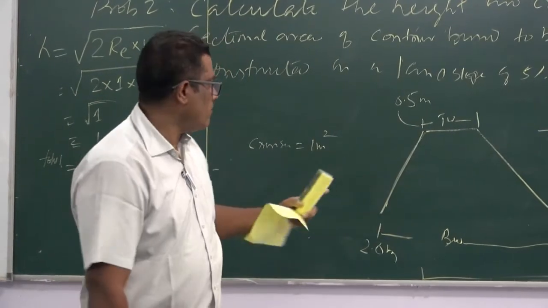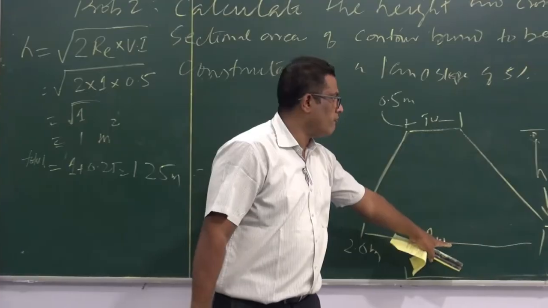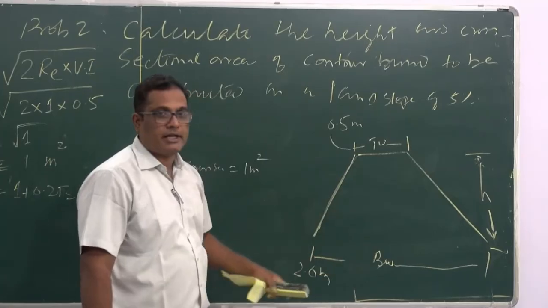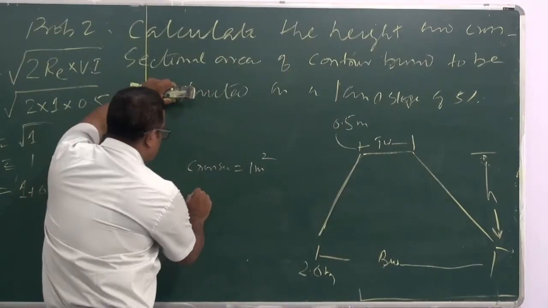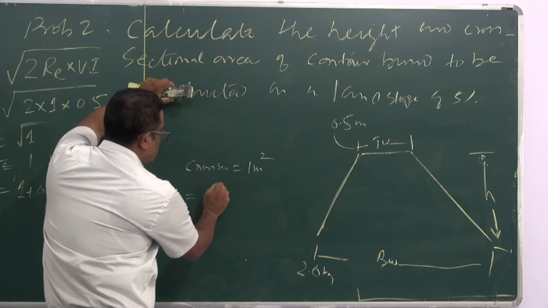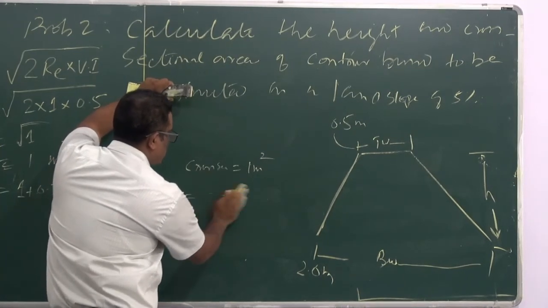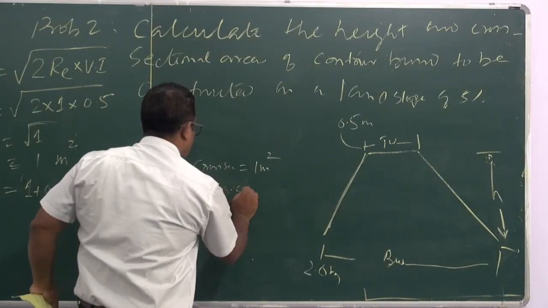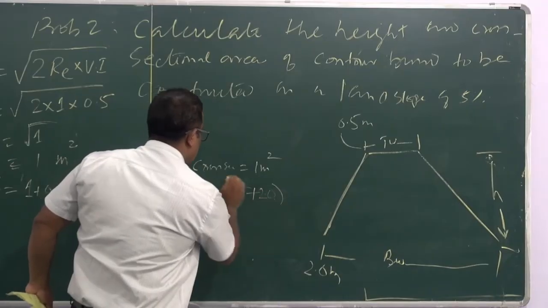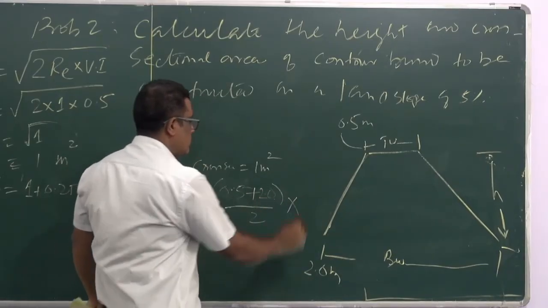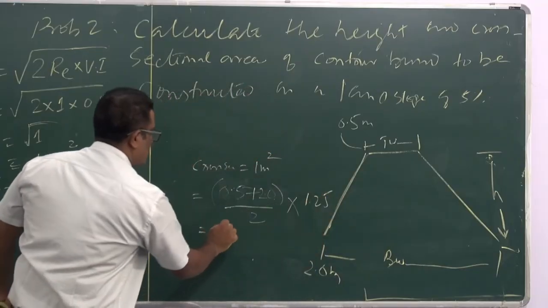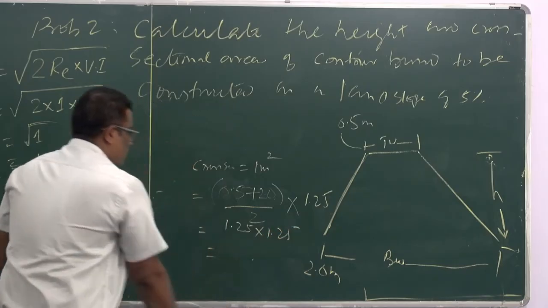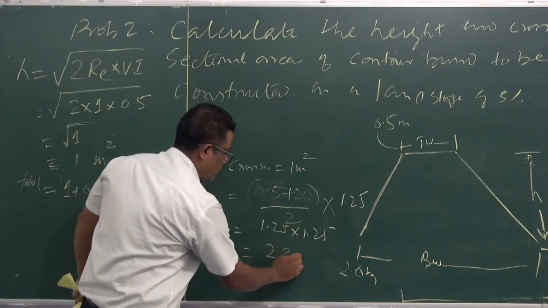Had they given the side slope, then we had to find this bottom width, and the height we already know. Bottom width and total cross-sectional area we should have calculated. So cross-sectional area would be top width 0.5 plus bottom width 2, it is 2.5, divided by 2, into height 1.25, that is 1.25 into 1.25, which will come to something around 2.